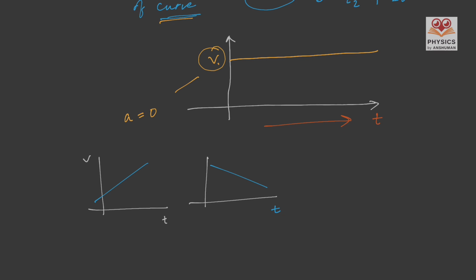And as I showed you earlier, if the velocity of the object is fixed, not changing with time, then in the velocity time graph it is zero acceleration. So in the first case, acceleration is more than 0, in the second case acceleration is less than 0, and in the third case acceleration is equal to 0.